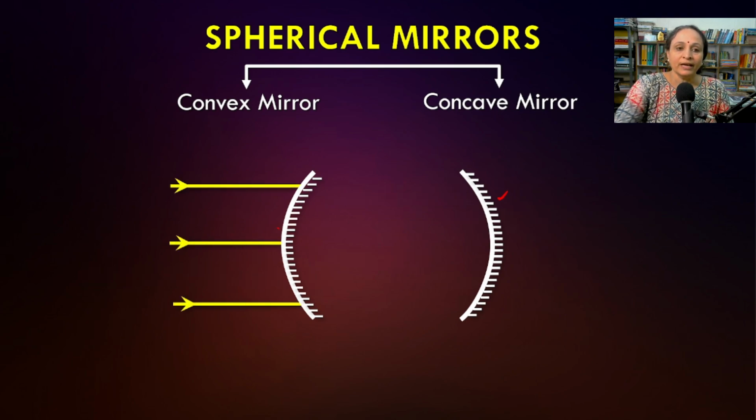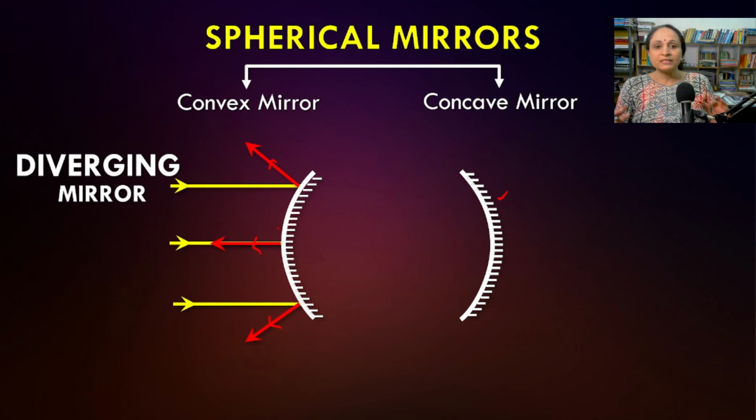Okay, now if some parallel rays go and strike the convex mirror, the light gets reflected according to the laws of reflection. You can see the light indicated by the red color, it is the reflected light. So what happens is, when a parallel beam of light falls on a convex mirror, all the rays get diverged from each other.